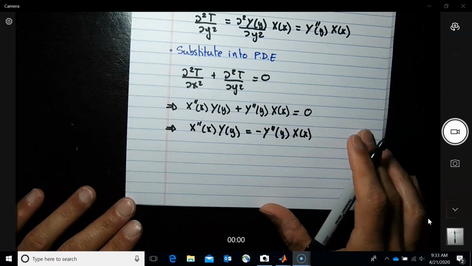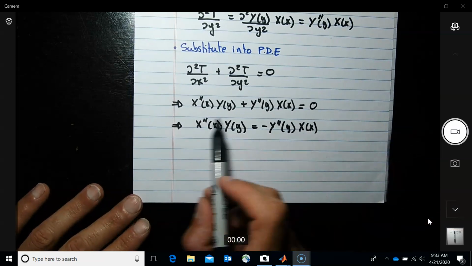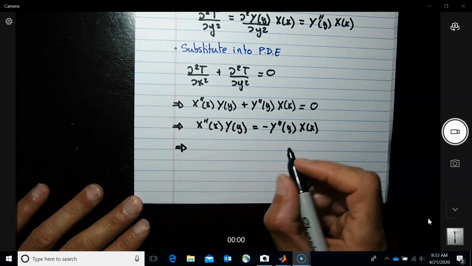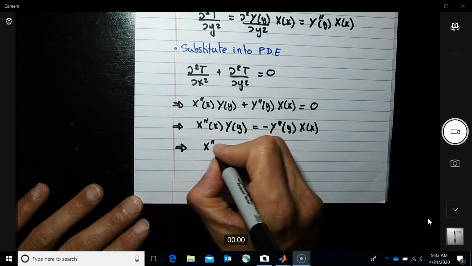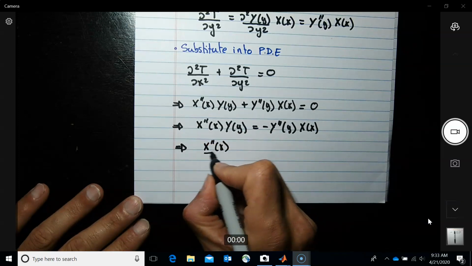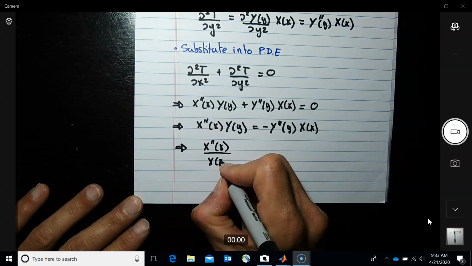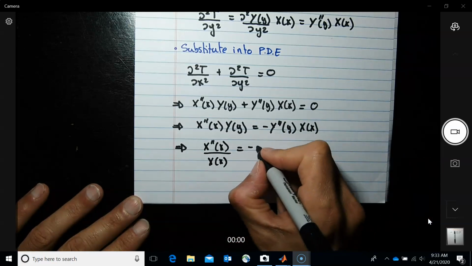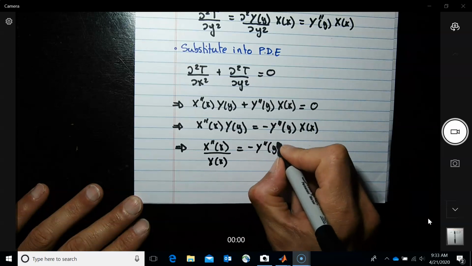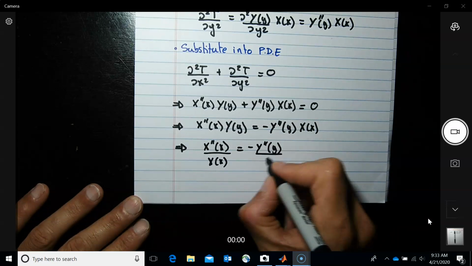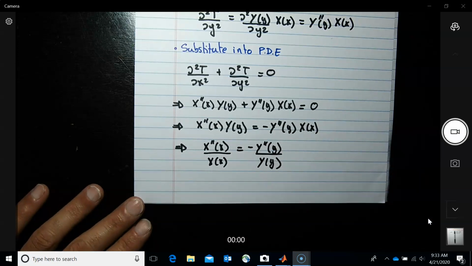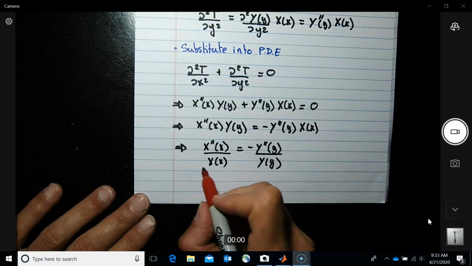And now you will see why they call this method separation of variables, because what you need to do now is separate the variables. Okay, so you're gonna get X double dot of x over X of x, let's say, will be equal to minus Y double dot of y over Y of y. So now what do you have?